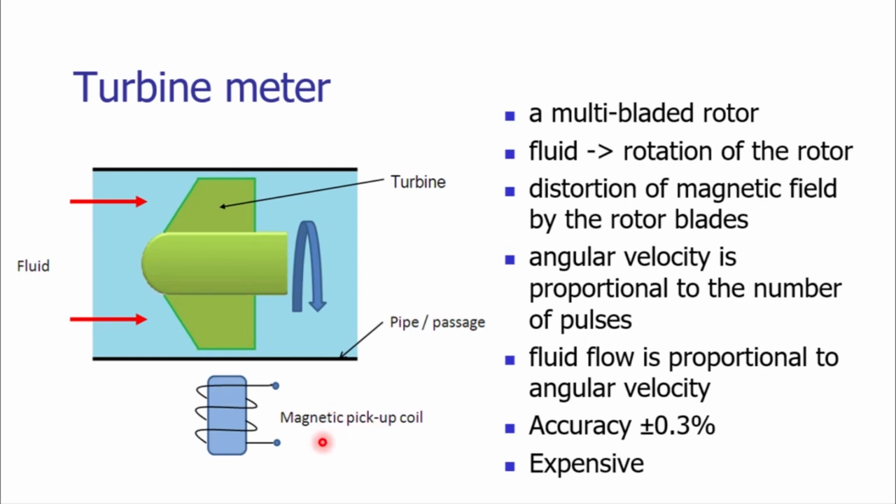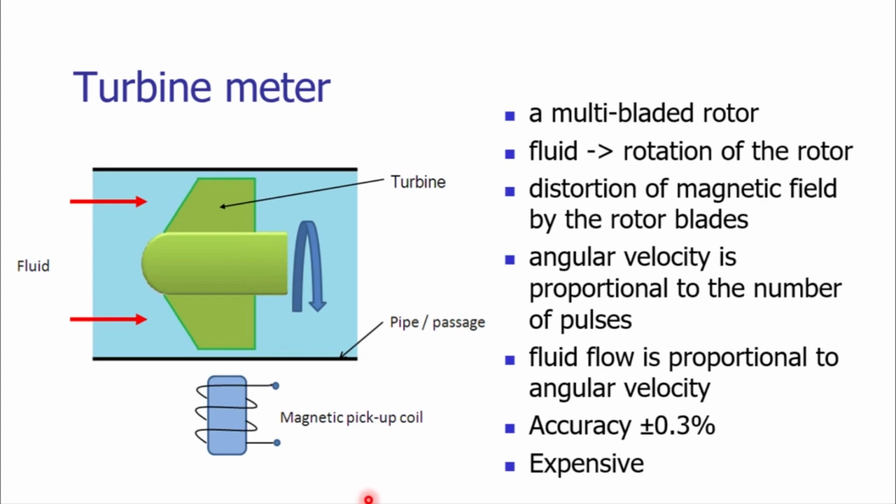Due to the distortion, a signal will be generated across the magnetic pickup coil. As the magnetic field is disturbed repeatedly, we get the pulses. So the frequency of pulses is proportional to the rotation of the turbine.